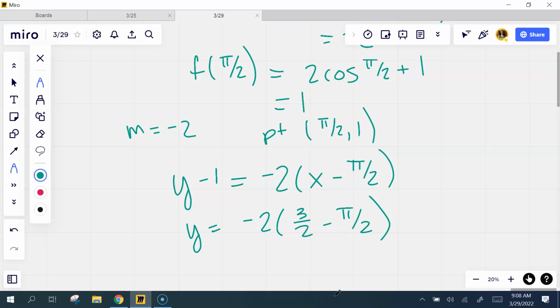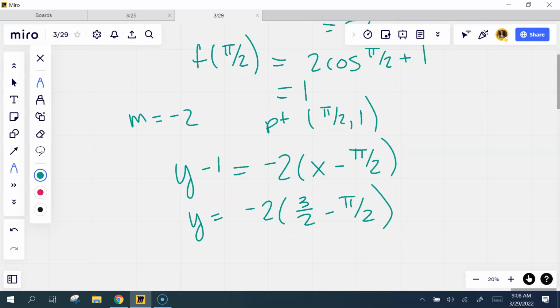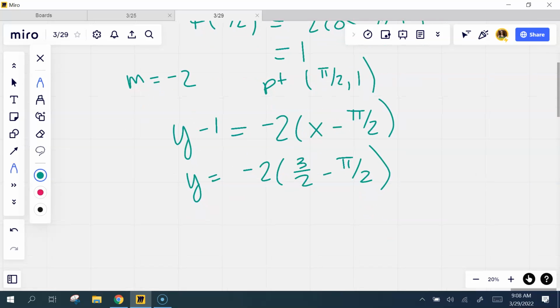Fractions are your friends on these kind of problems when you don't have a calculator because that's probably the way the answer is going to be. 2, 2, 2. But I got this negative out here. So I have negative 3 plus pi plus 1, which is negative 2 plus pi. Yay!